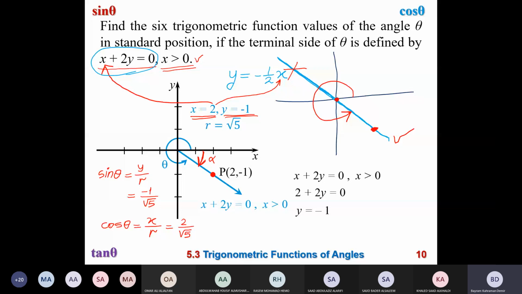So we can choose alpha or we can choose theta. It doesn't matter, right? So the sine of alpha or sine of theta will be the same, huh, Shabab? Because we are going to use the same numbers, right? What is sine of alpha? Sine of alpha is negative 1 over root 5.